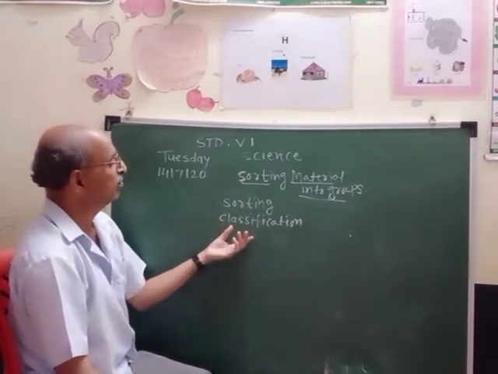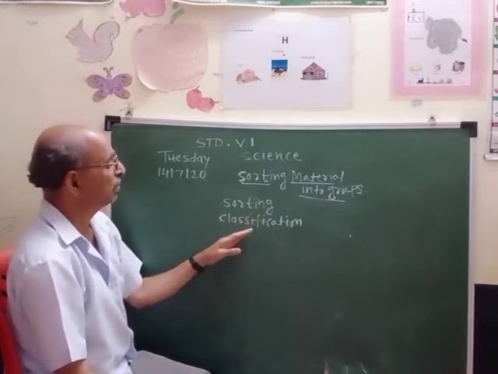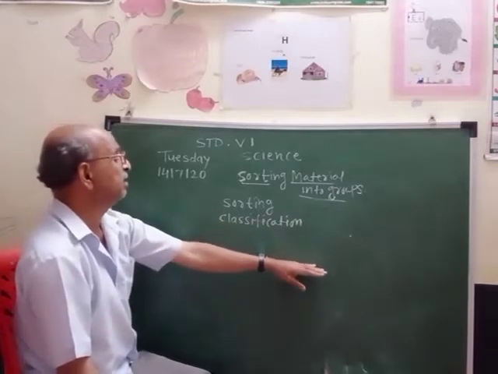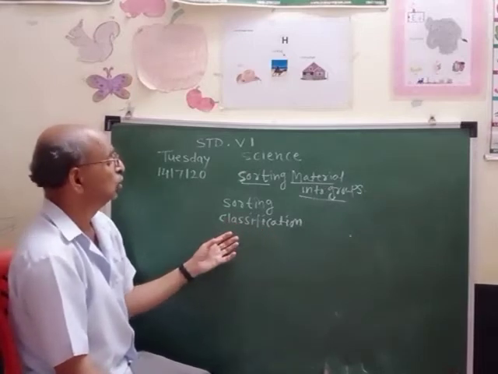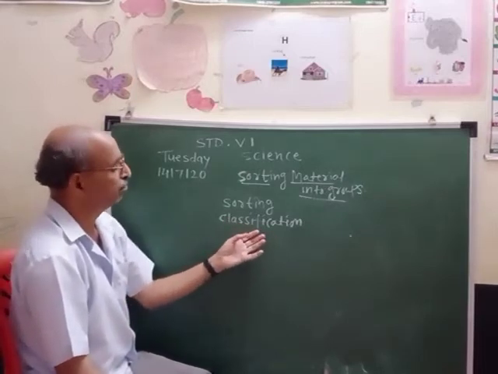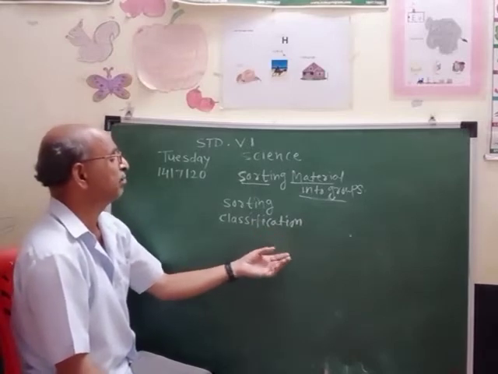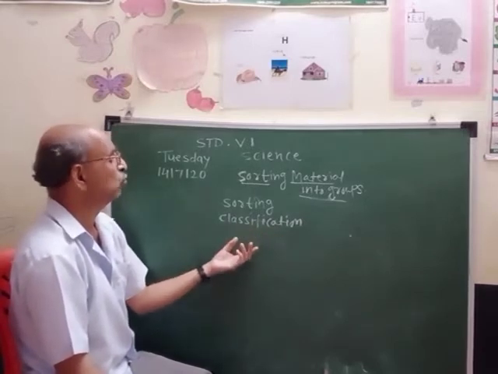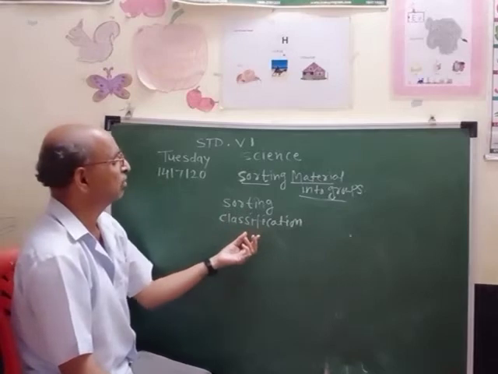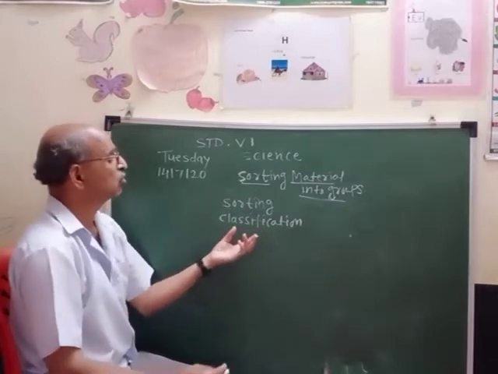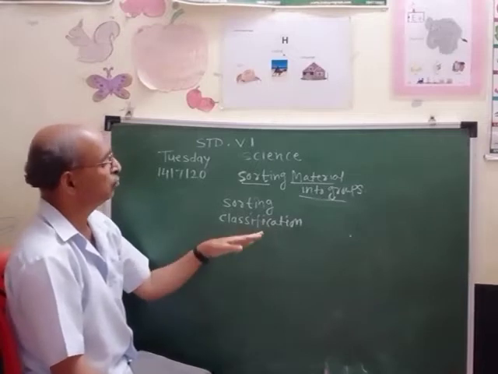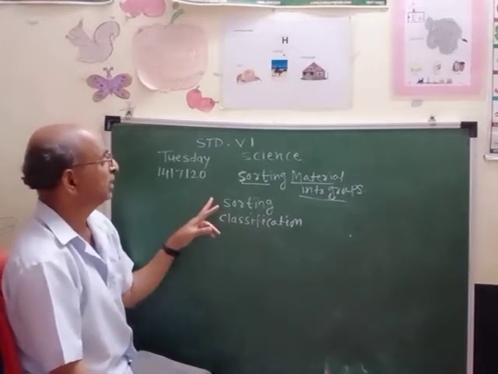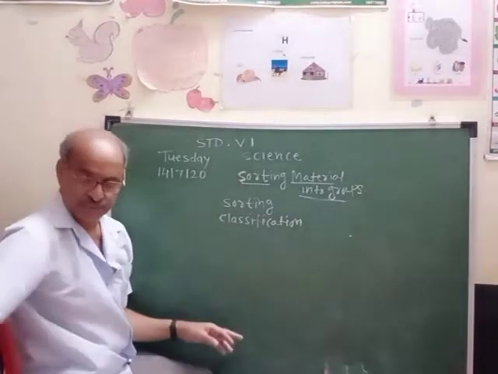According to their common features, we have made groups of plants as well as animals, and that method is called classification, which helps us remember the features of different animals and plants in the same group. Some properties or features may be different, but most are common, that we put in one group. That is called sorting or classification.